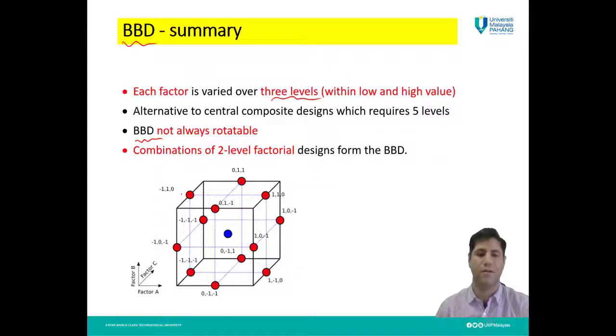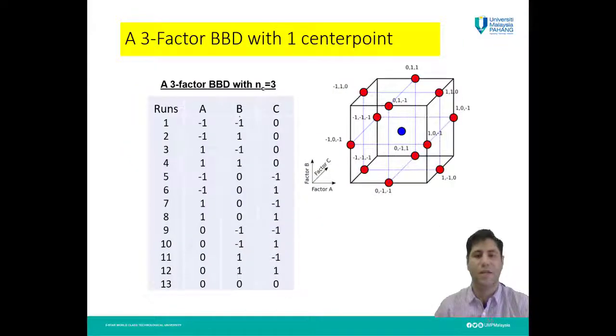Also, if you notice, we can have combinations of two-level factorials for BBD design. If you compare with two-level factorials, we can also have that. However, I haven't presented that two-level factorial design. Here you can see a three-factor BBD with center points.